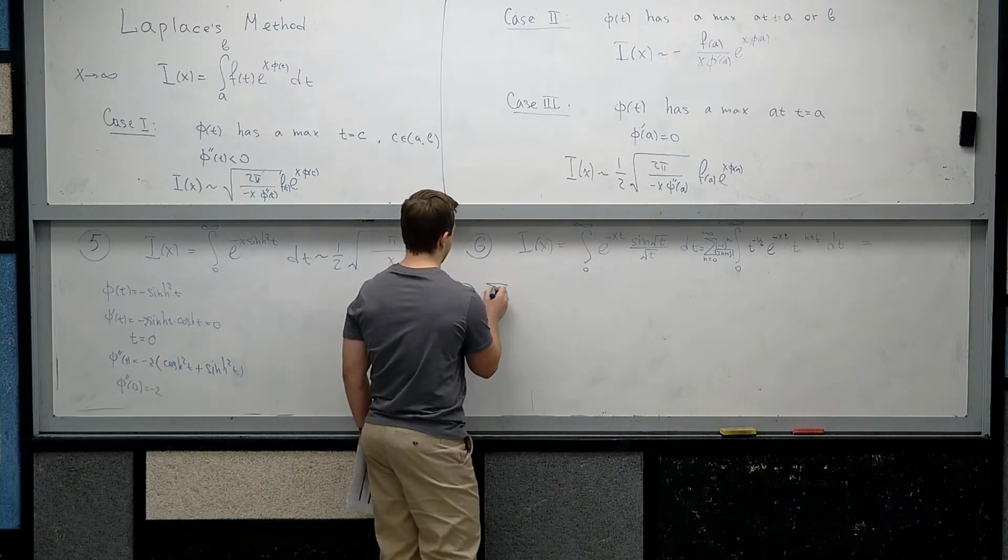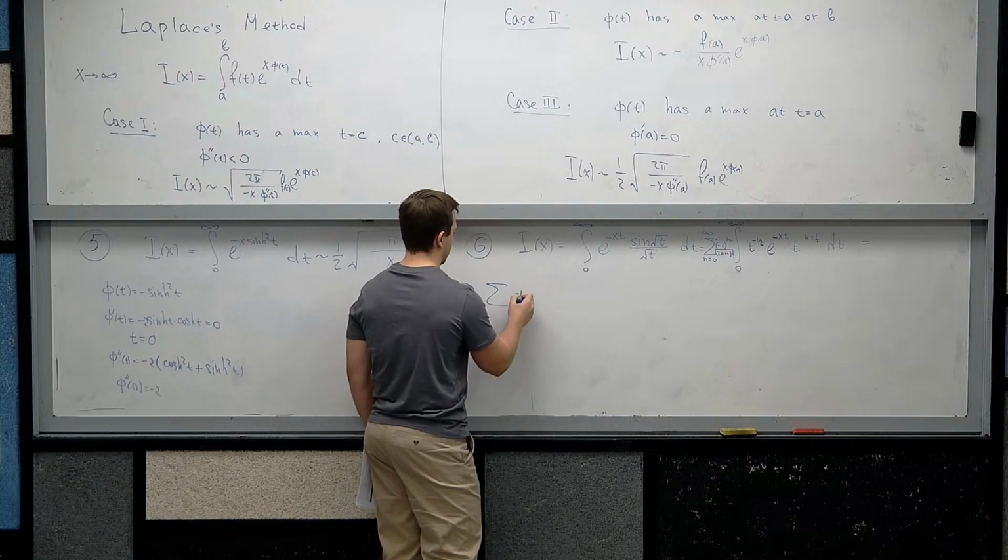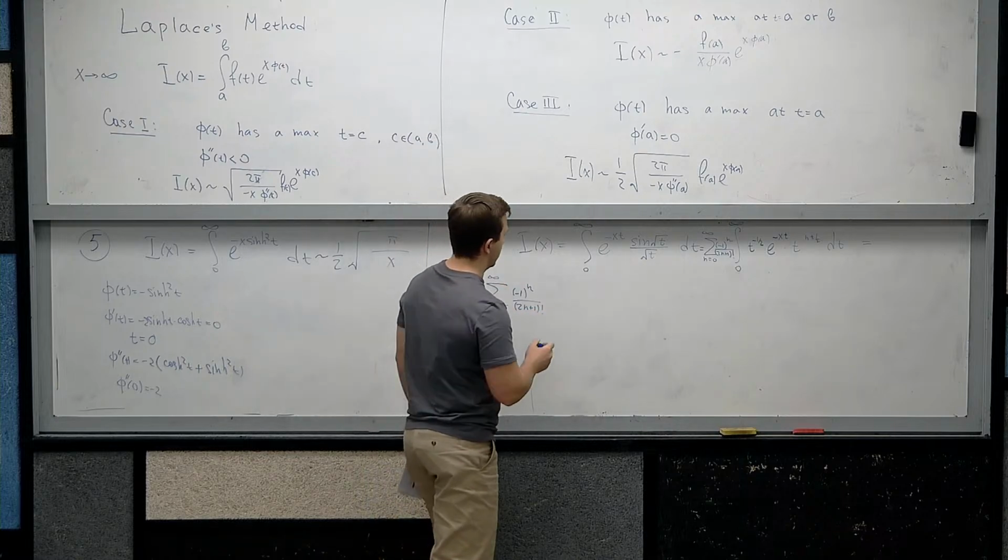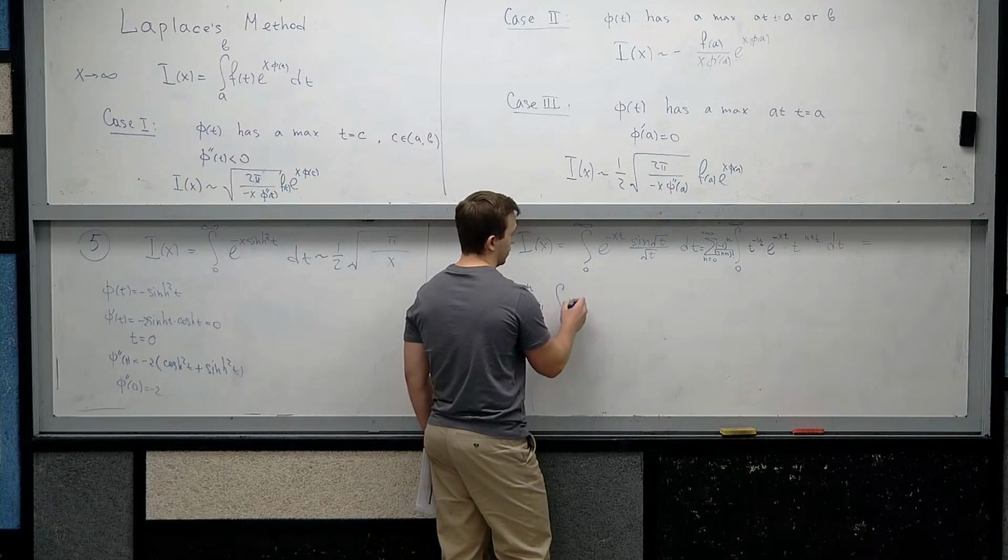And I'll have −1 plus 1 here, t to the n, e to the −xt.